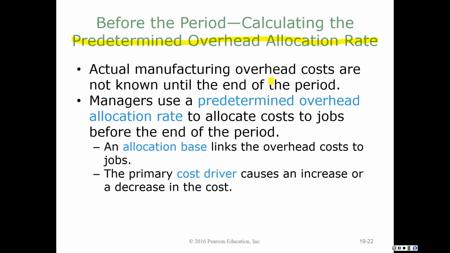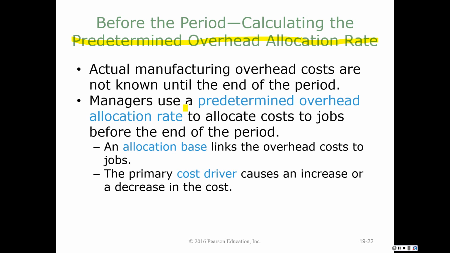Okay, what are we talking about? These costs may not occur until the end of the period, the end of the quarter, the end of the month, the end of the year, but I obviously can't wait until December 31st when my property taxes are paid to go back and allocate cost to job 27, which was finished and sold in February.